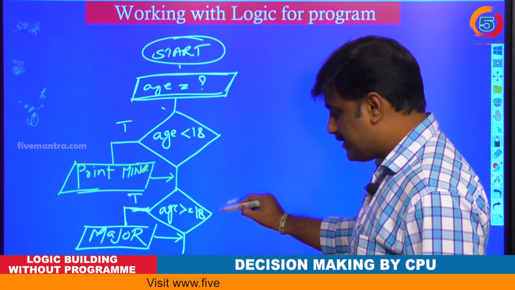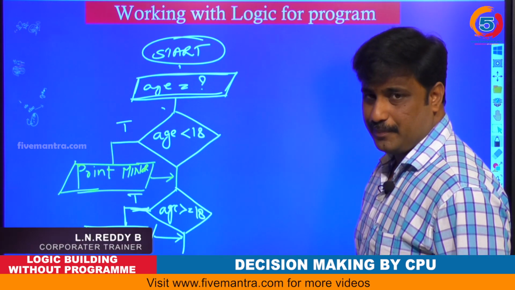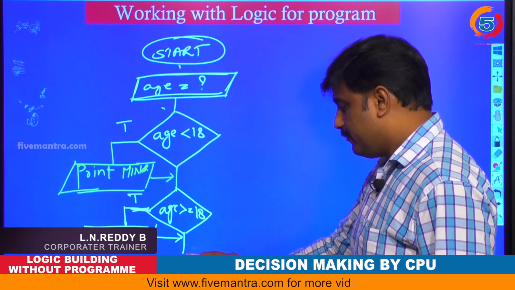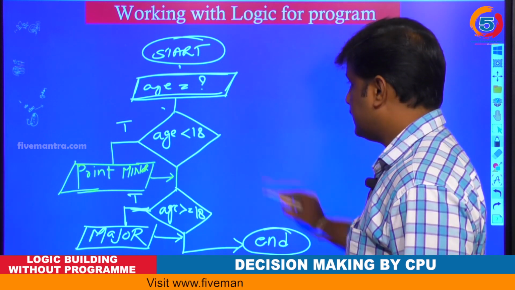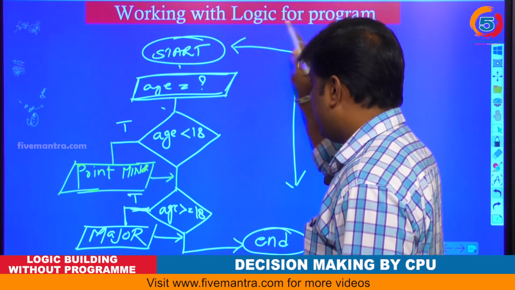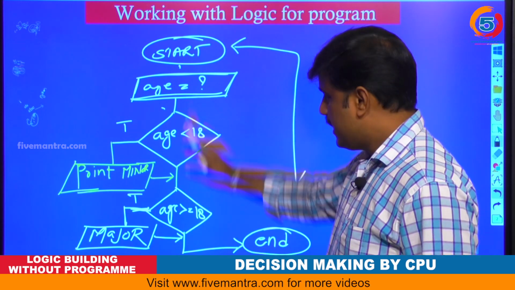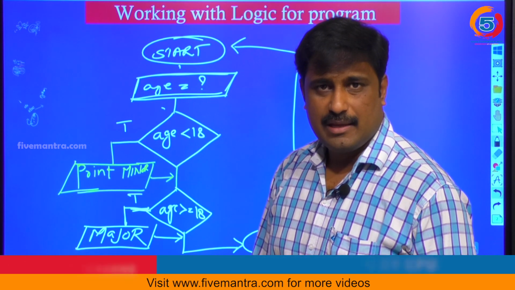Age is greater than or equal to 18, yes, it is true, it will print major, then it will come down. And once it is completed, the last statement is the end. Already I said this is the start and this is the end, it is very important. And now your program is completed. Simple. Thank you.